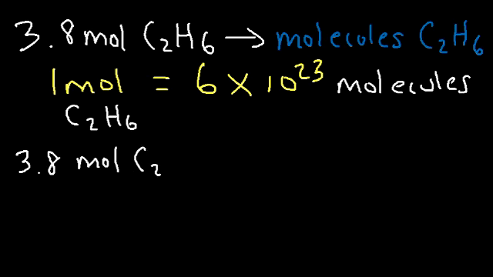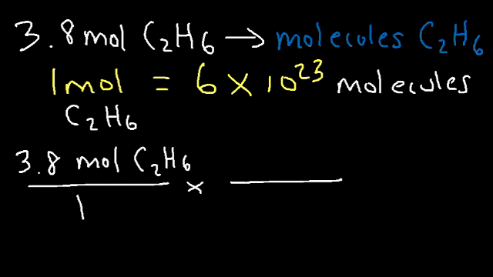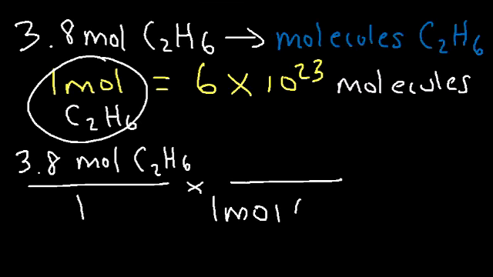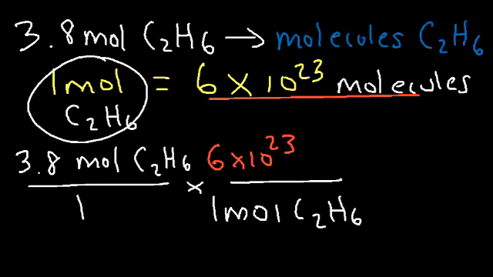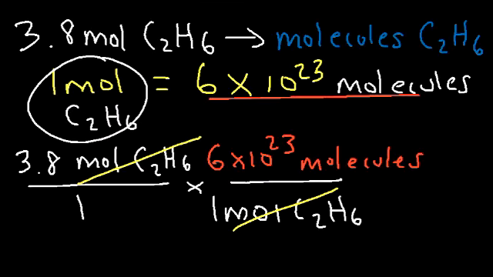So we have 3.8 moles of C2H6. We need to put moles on the bottom so that it will cancel, and then we're going to put the number of molecules on top. So this is telling us that we need to multiply. These two units cancel, so we got to figure out what 3.8 times 6 times 10 to the 23 is.